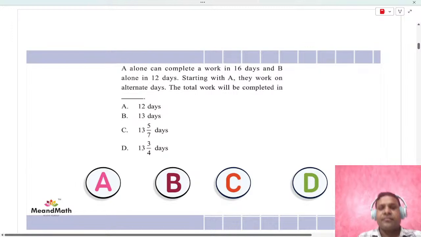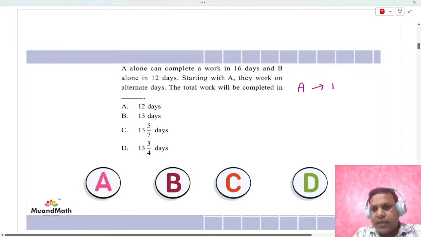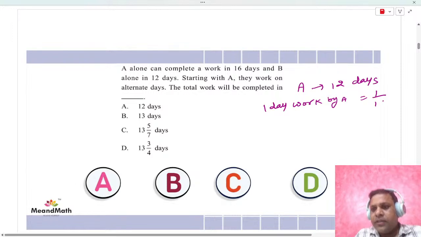So A completes a work in 16 days, so 1 day work by A is equal to 1 upon 16.